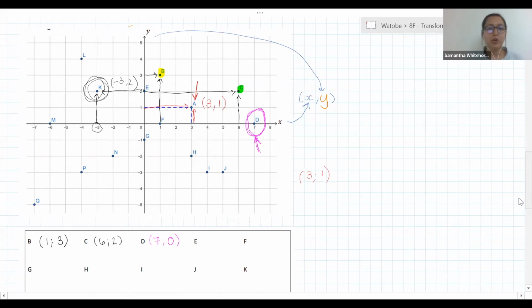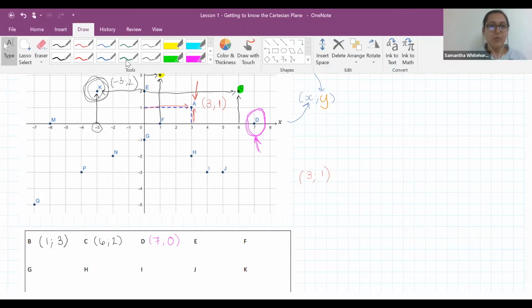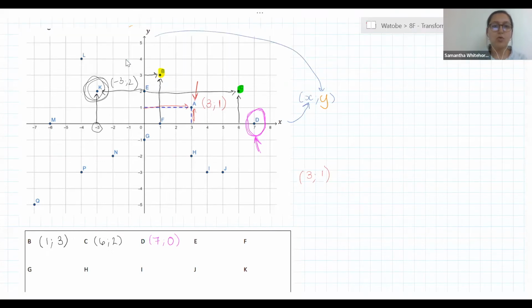Alrighty, so I've done K. I can see a few people are going ahead and having a look at other coordinates here, which is awesome. I'm glad you guys are doing it. So I'm going to pick a couple. I don't necessarily feel we need to do all of these. So can someone tell me what the coordinate for, let's do H, is? Can someone tell me what H's coordinate is?